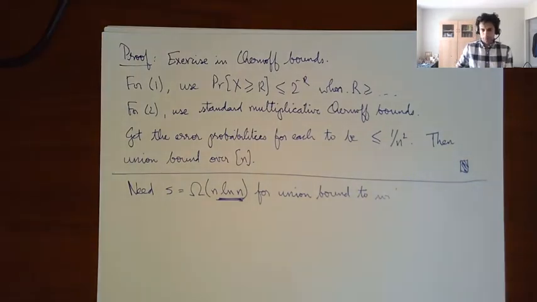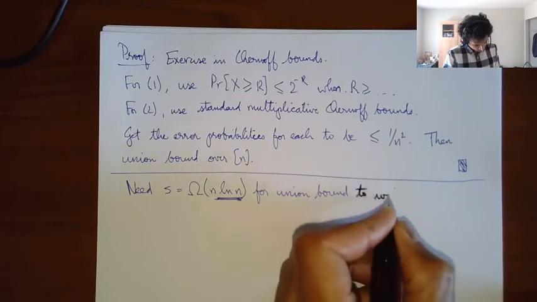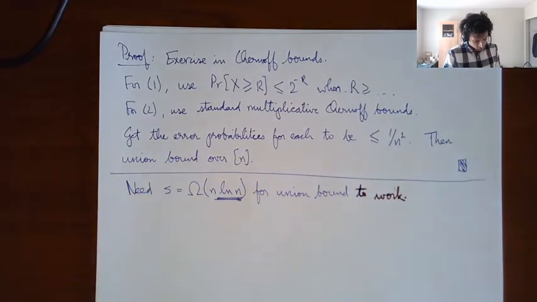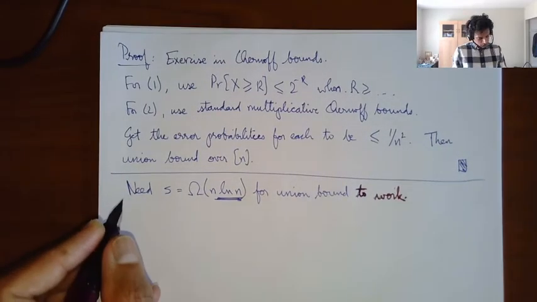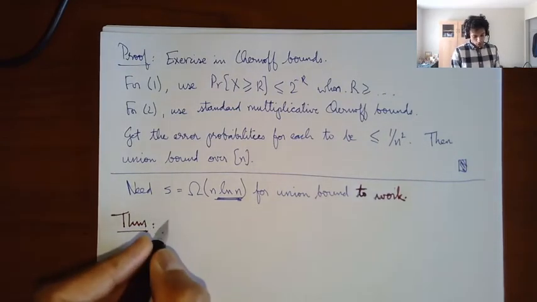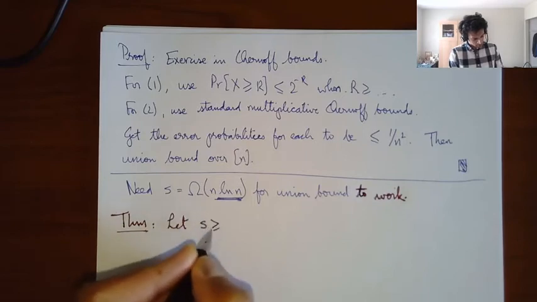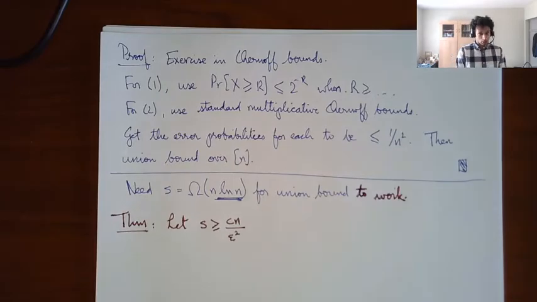You need S to be omega n log n for the union bound to work. But it turns out there's actually a stronger theorem. The stronger theorem says let S be at least C n divided by epsilon squared, without the log n.